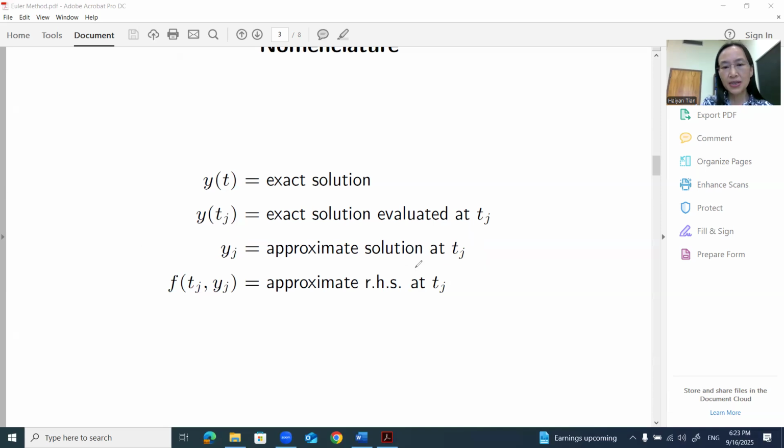When you use the approximate solution yj at tj, you get the approximate slope at tj. That is only the approximate slope function, which is the right-hand side function.